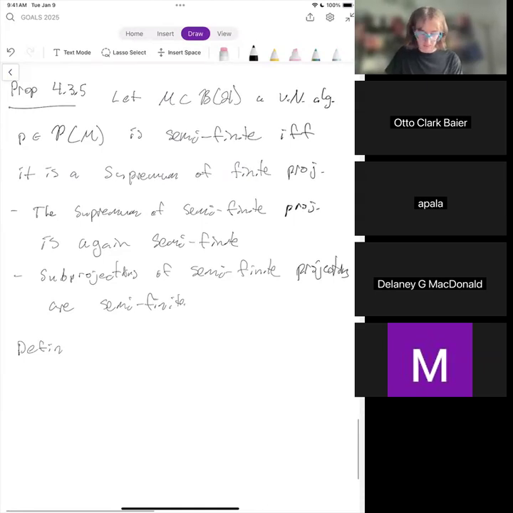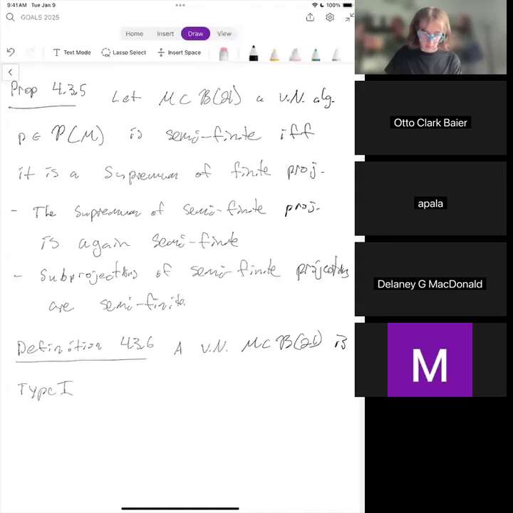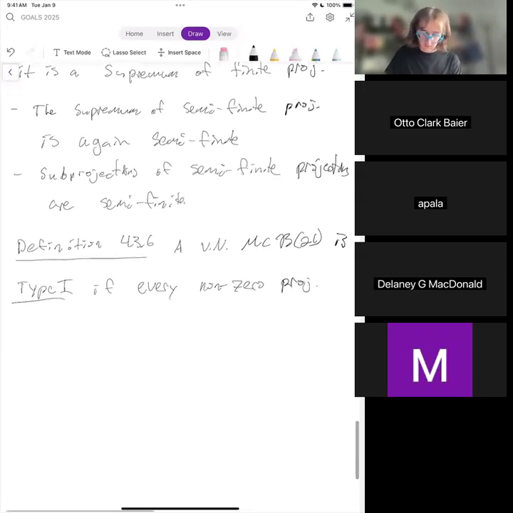Well, every von Neumann algebra can be decomposed into these. So a von Neumann algebra M is type 1 if every non-zero projection has a non-zero abelian subprojection.